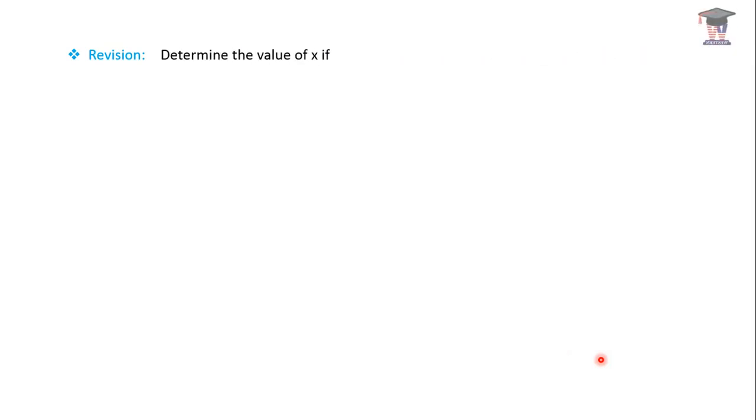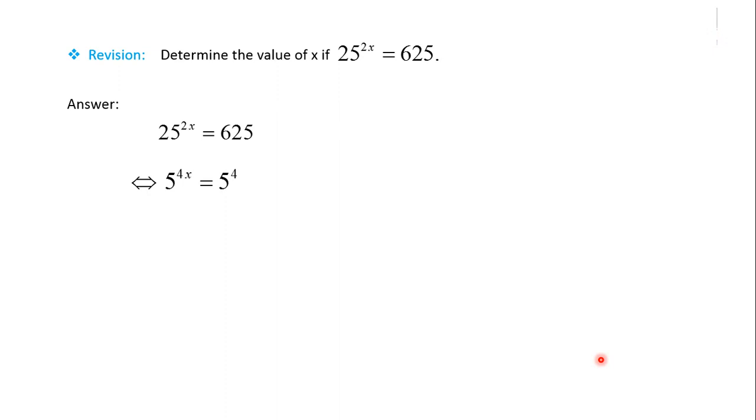Just determine the value of x if I have this equation: 25 to the power of 2x equal to 625. Here we have the equation in index notation, so we need to solve it by index form. We change 25 into 5 squared, so we get 5 to the power of 4x.